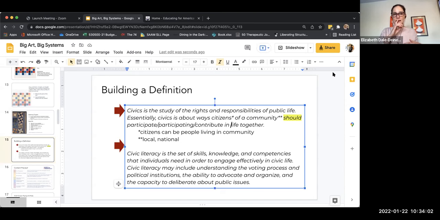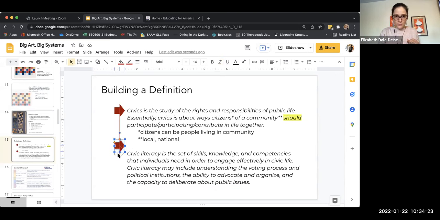MT maybe even asked, are we talking about how this applies to tourists? Are we talking about children, yes or no? I don't know that we're going to be able to answer that, but I just wanted to elevate it because it's a powerful question. So let's get to civic literacy before we fall too far down the rabbit hole, because we can come back to this at any time.